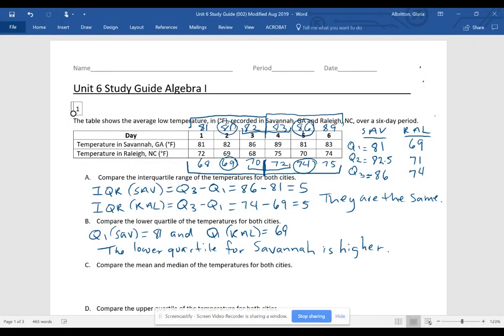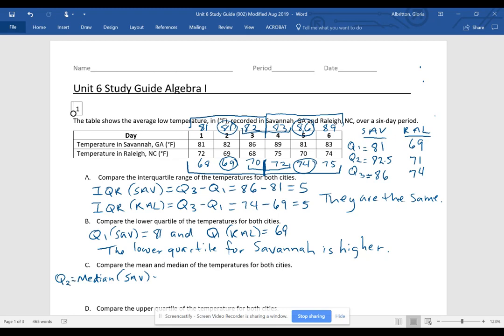Part C, compare the mean and median of the temperatures for both cities. Now, we already have the median, so let's start with that. Because remember, the median was the Q2 that we found earlier. So we'll start with the median for Savannah. Let's put Q2 out here so we'll remember.